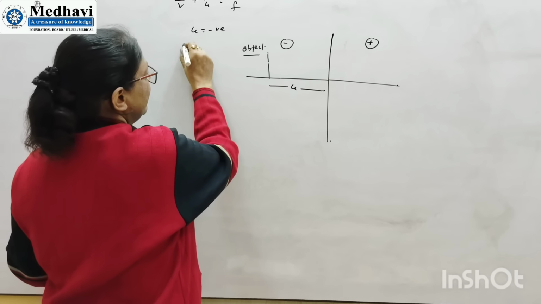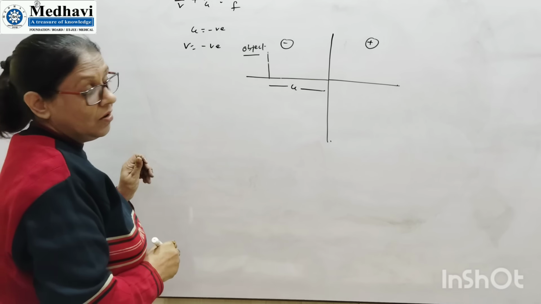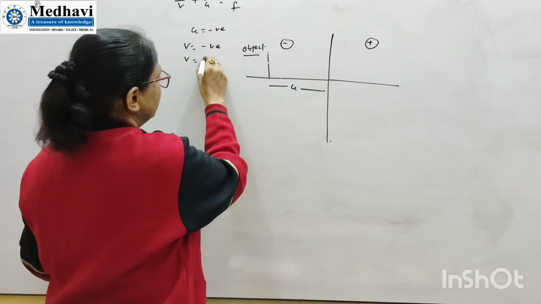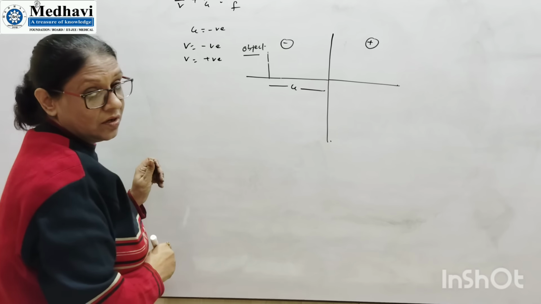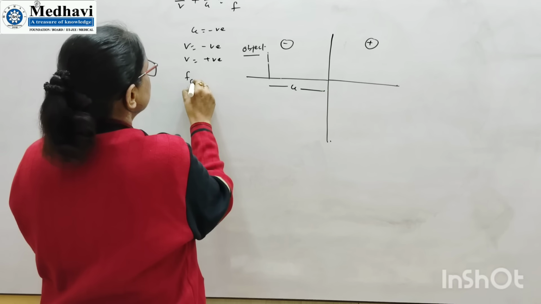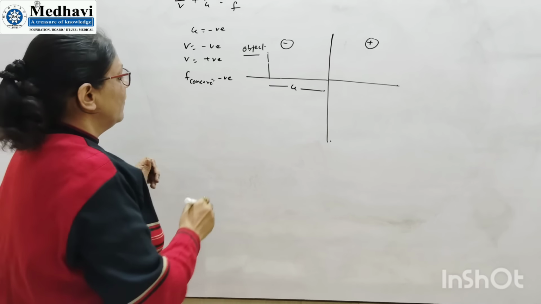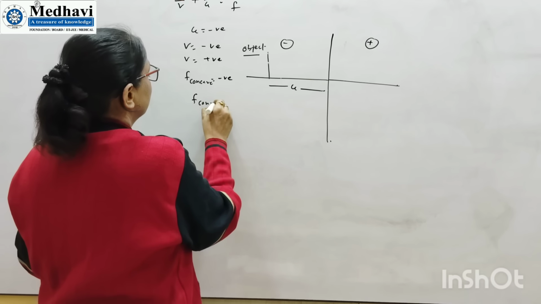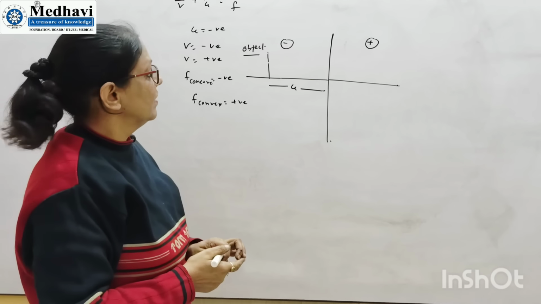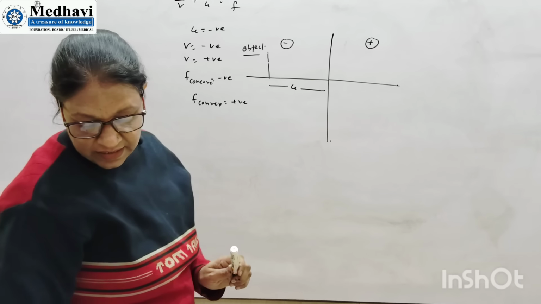If the image is behind the mirror, as we see in convex, it will be positive. The focus of a concave mirror is negative, whereas the focus of a convex mirror is positive. So using this sign convention, we can solve numericals.